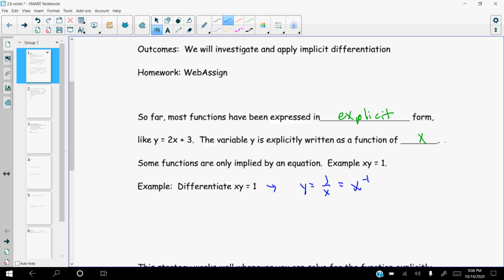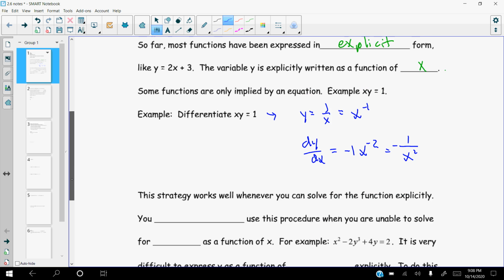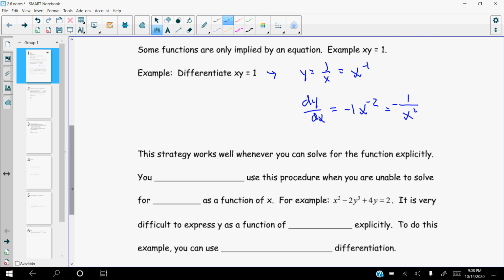So if I want to take the derivative of y, I'm going to write it as dy over dx because we are taking the derivative of y with respect to x. And then that's going to equal the derivative of x to the negative 1: bring the negative 1 out front, reduce the power by 1. So really what you get is negative x to the negative 2, which is the same as negative 1 over x squared.